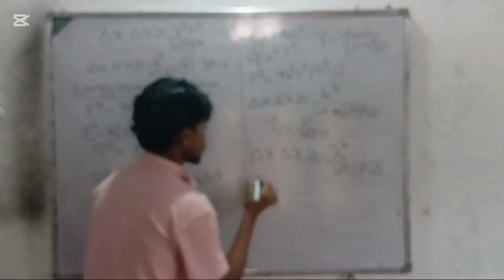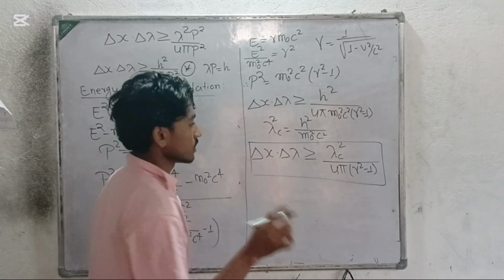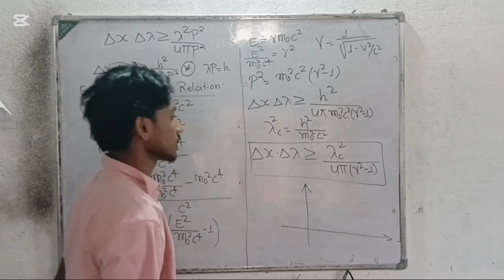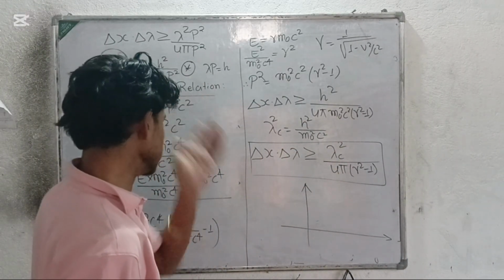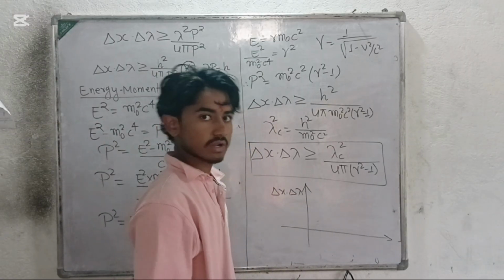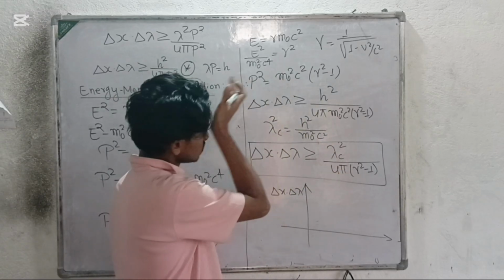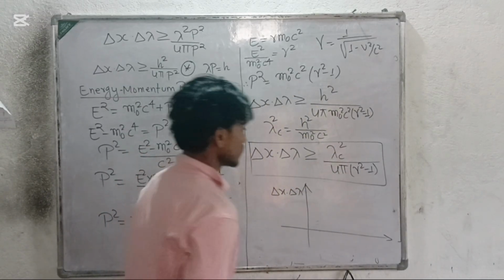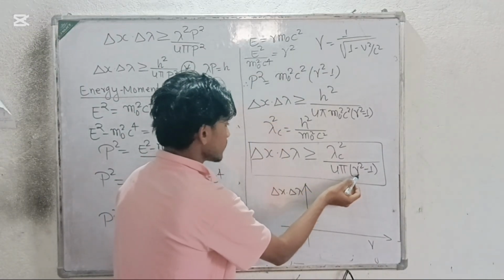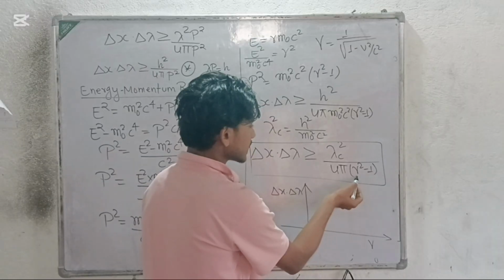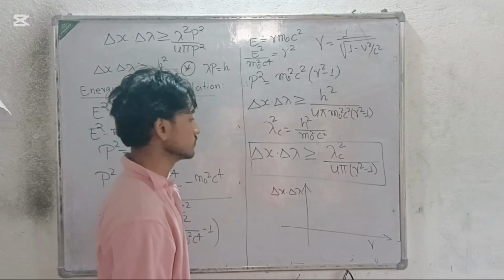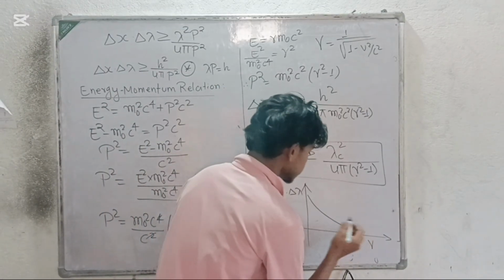Gamma squared minus 1. And now if you are going to plot a graph of delta x into delta lambda, I'm just putting a rough graph. I haven't done any experiment in this mathematics, so I leave that for the experimental physicists. With increasing gamma factor, the product of uncertainty will go on decreasing, like this.